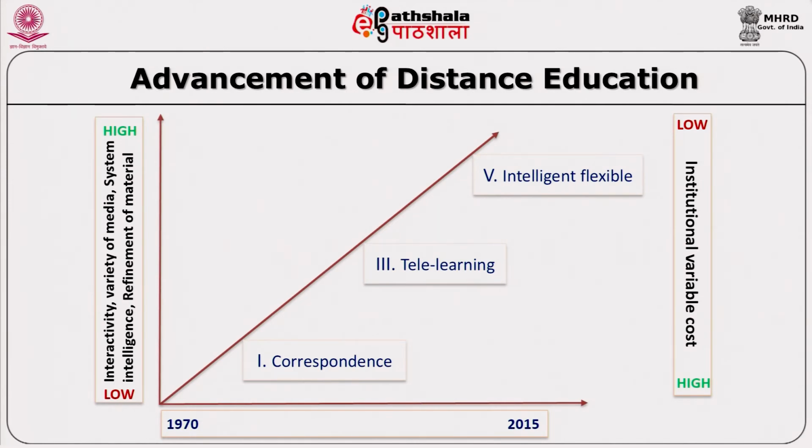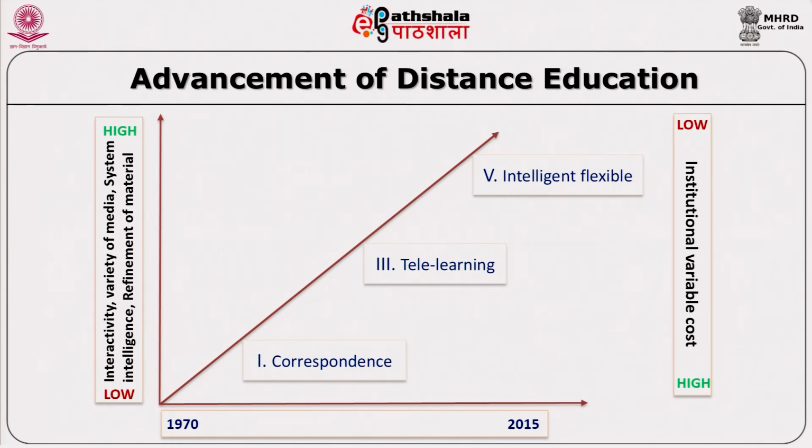These are compared on the various aspects, so one can note that as one moves from the first generation, that is the correspondence, to the intelligent flexible model, on the aspects of interactivity, variety of media available, the system intelligence and refinement of material, the correspondence model, that is the first generation, was low on these aspects, whereas the 5th generation has progressed towards high.